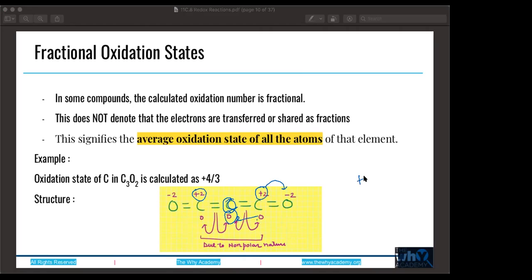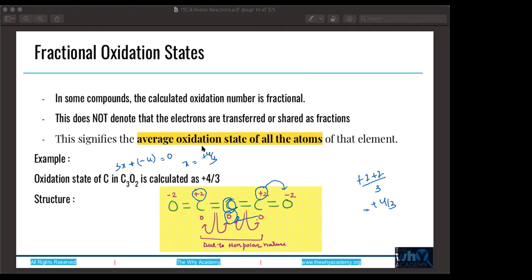So the average comes out to be +2 plus 2 divided by 3, which is +4/3. Even when you calculate it by the conventional method, 3x plus (-4) equals 0, because it's a neutral compound, you get x equal to +4/3.